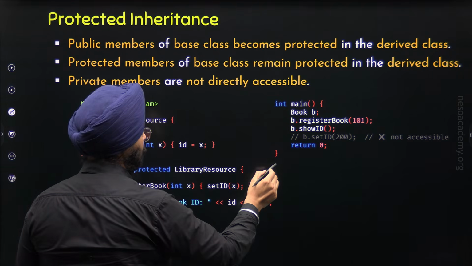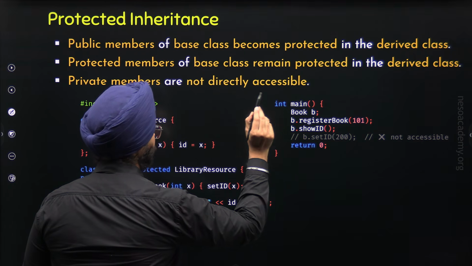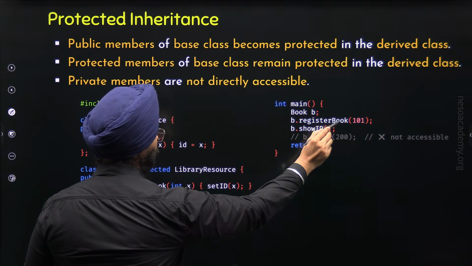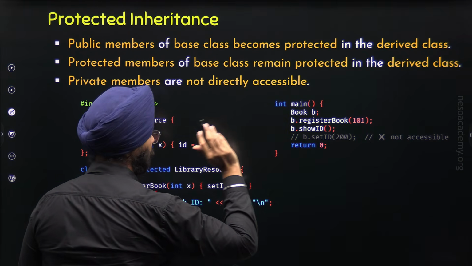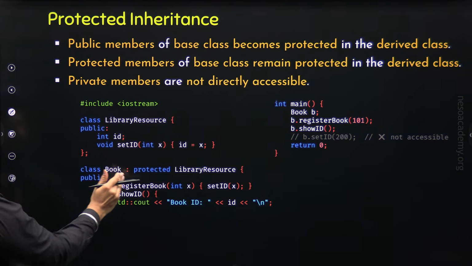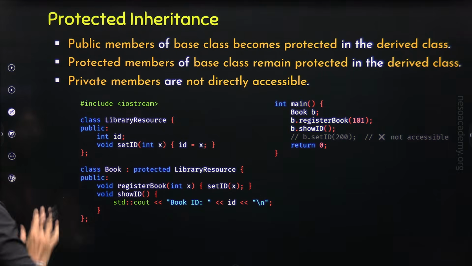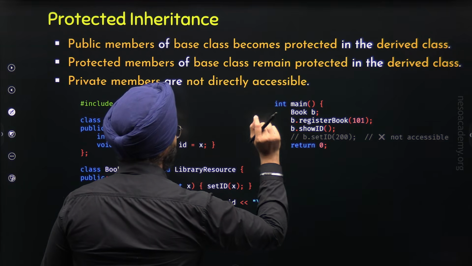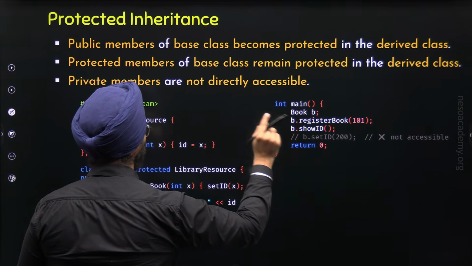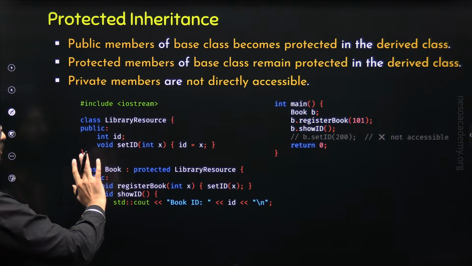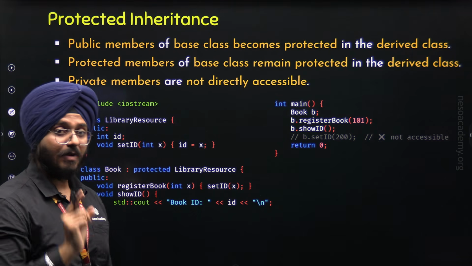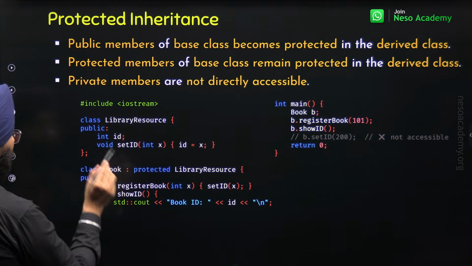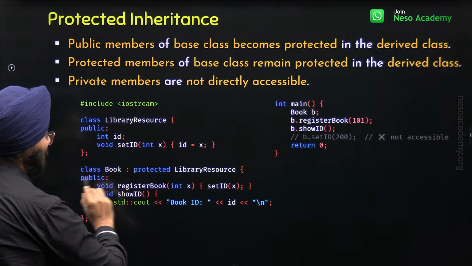Inside the main function, I have defined the object B of class Book, and through this object, I'm calling the registerBook function and the showID function. This is possible because these are public member functions of this class. Now, if we try to call the setID function through the object B, then it is not possible because the setID function is now the protected member function of this class.